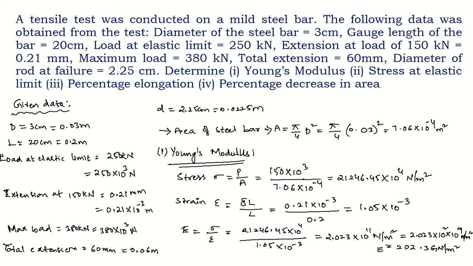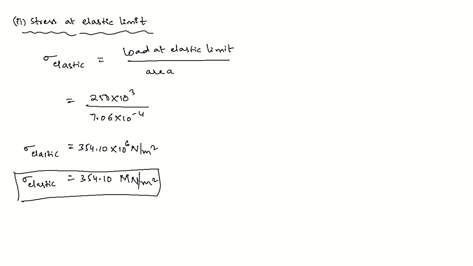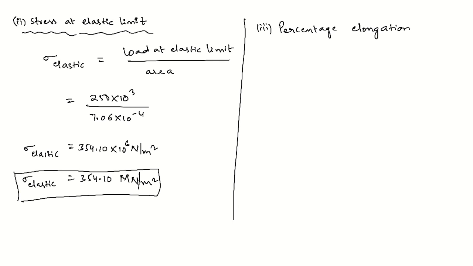What is the third part of the question now? Percentage elongation. So what do you mean by percentage elongation? I'm giving the heading here, percentage elongation. Simply elongation means we calculated delta L, but they are asking in terms of percentage.